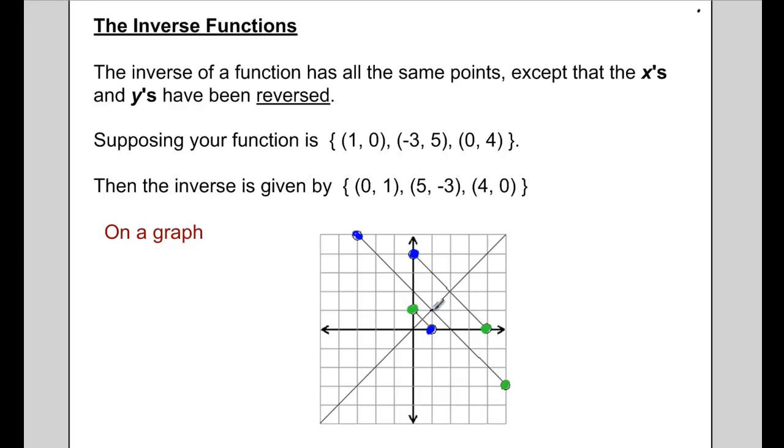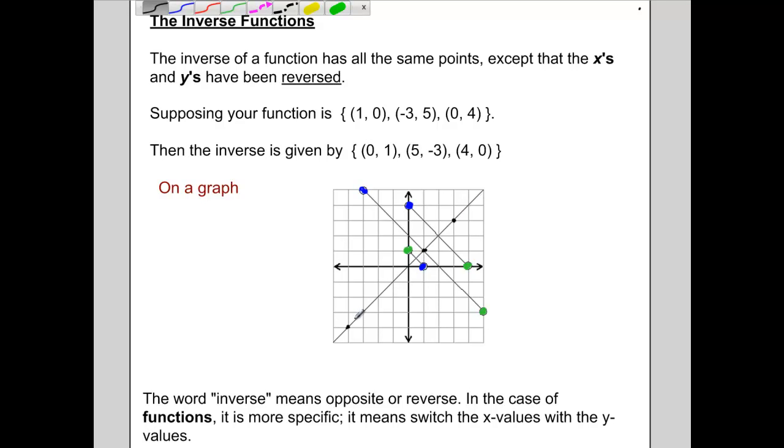Right here, the x value is 1 and the y value is 1. Up here, the x value is 3 and the y value is 3. Down here, the x value is -4 and the y value is -4. So the y value is always equal to the x value on this line, and we get the equation y = x.